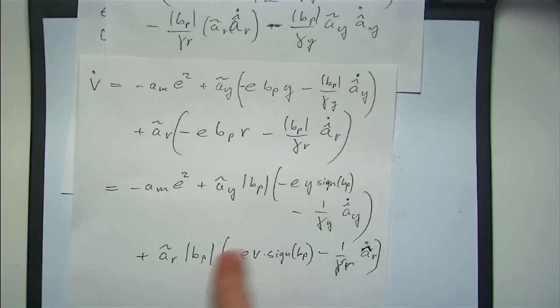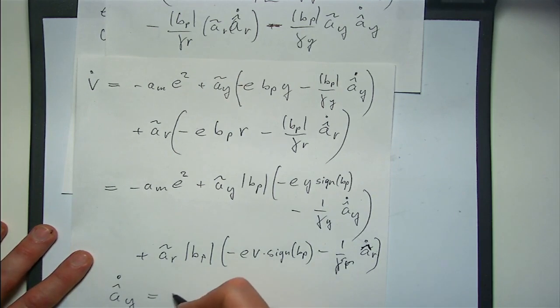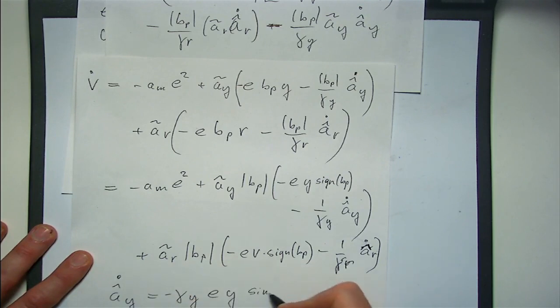So why not simply get rid of it by designing an adaptive law, which says AY hat dot equals gamma Y minus EY signum BP.